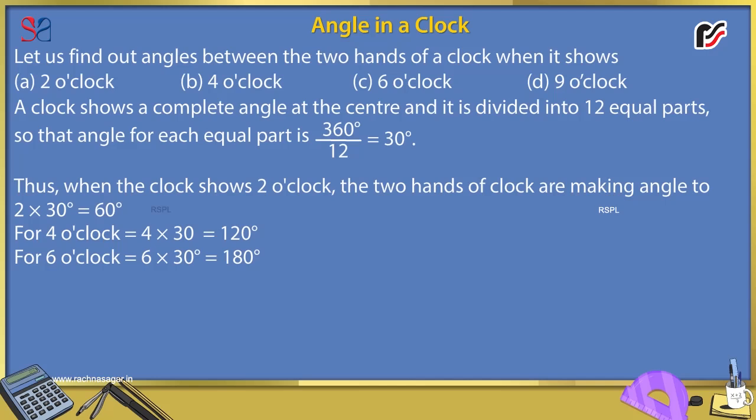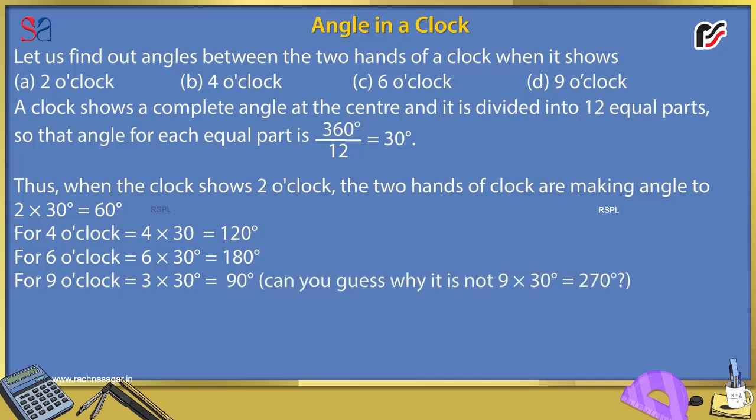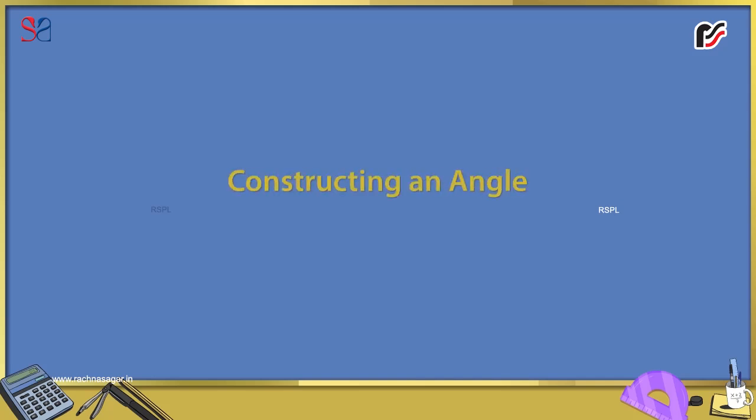For 6 o'clock, it is 6 multiplied by 30 degrees, which is equal to 180 degrees. For 9 o'clock, it is 3 multiplied by 30 degrees, which is equal to 90 degrees. Can you guess why it is not 9 multiplied by 30 degrees, which is equal to 270 degrees?